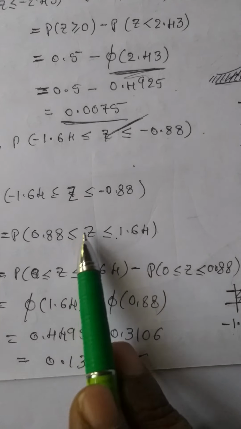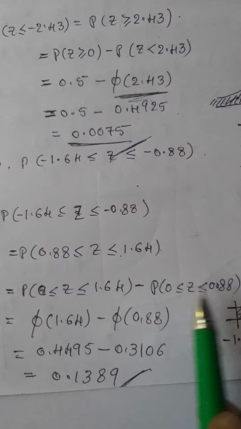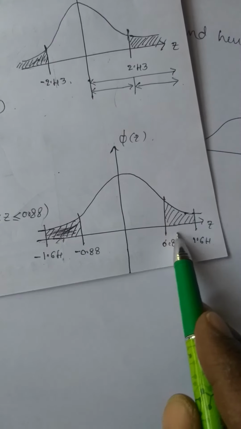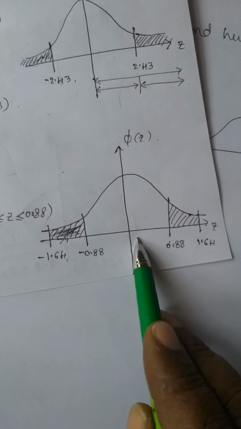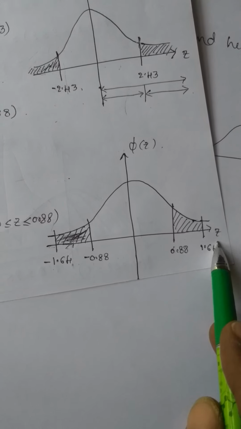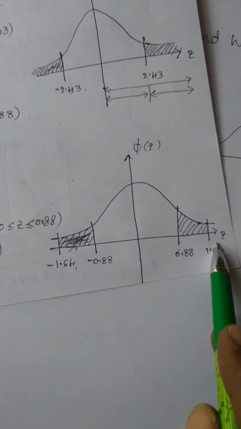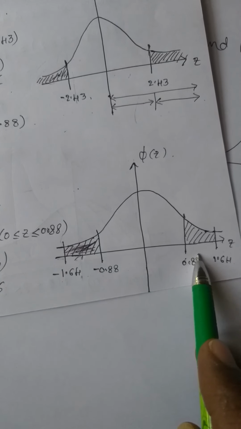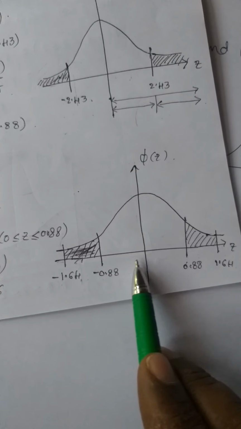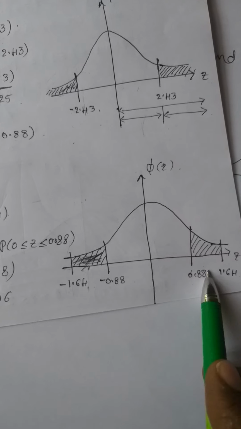So I can write this as P of 0.88 is less than Z less than 1.64. It's very simple. I want to get from here to here. From 0 to 1.64 I'm going to consider, and from there I'm going to subtract 0 to 0.88.